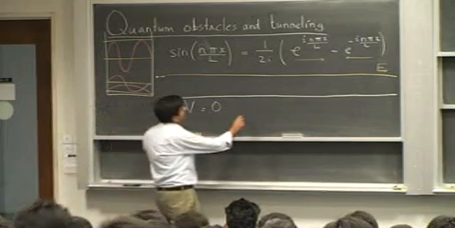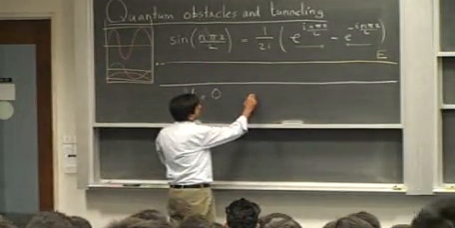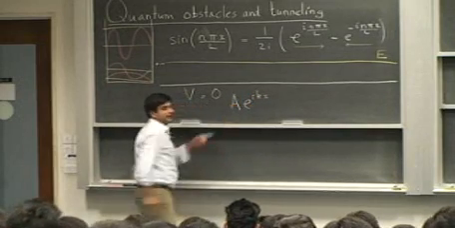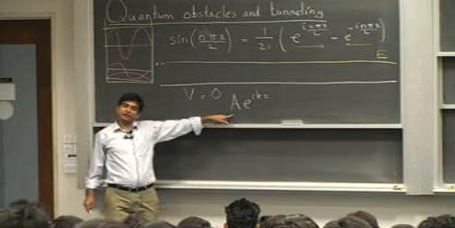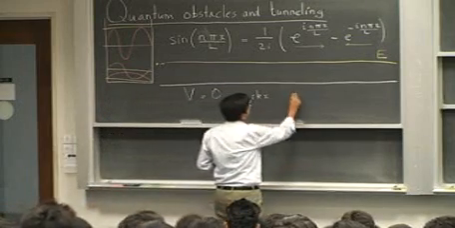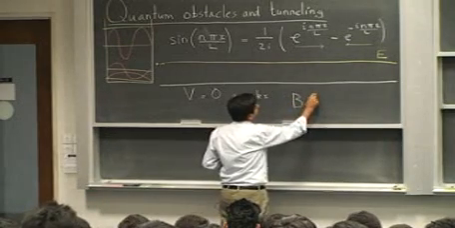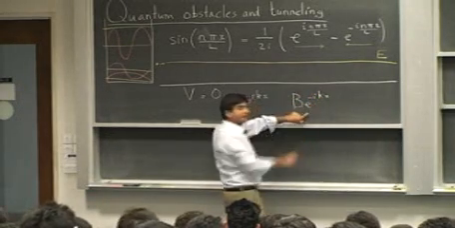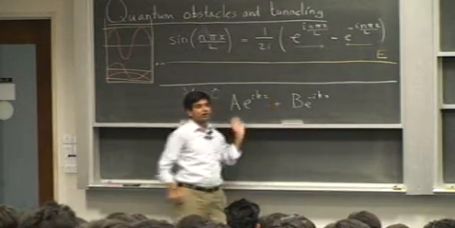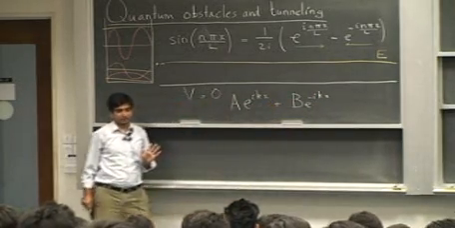Alright, so we know that A e^(ikx), with some constant A, does this solve the Schrödinger equation? Yes, it does. B e^(-ikx), does this solve the Schrödinger equation? Yes, it does. Therefore, their sum must also solve the Schrödinger equation.